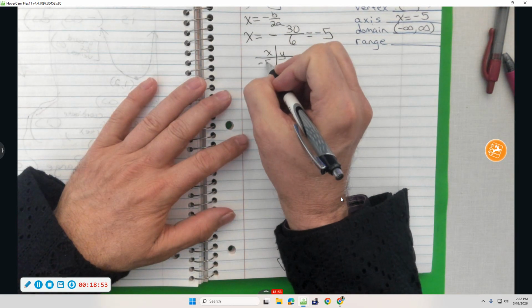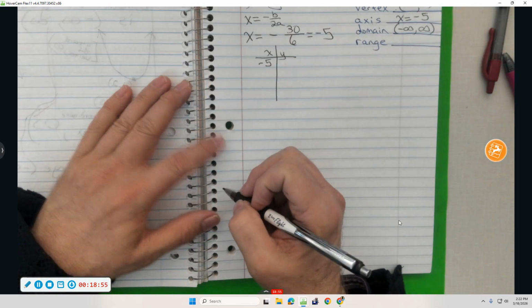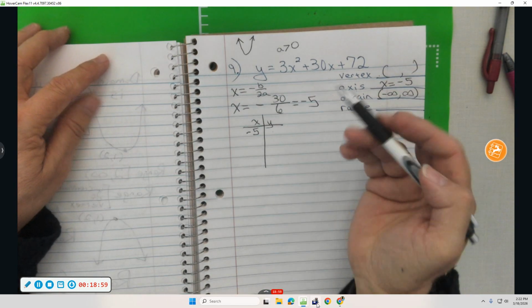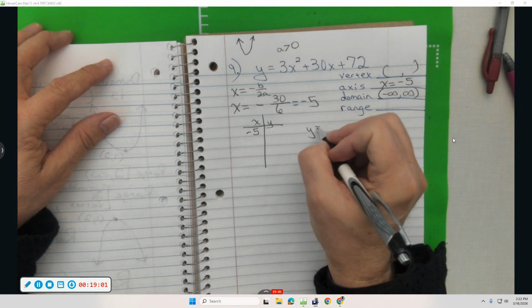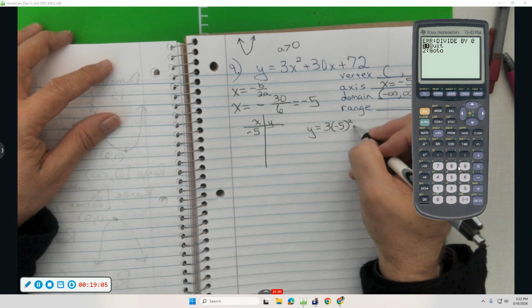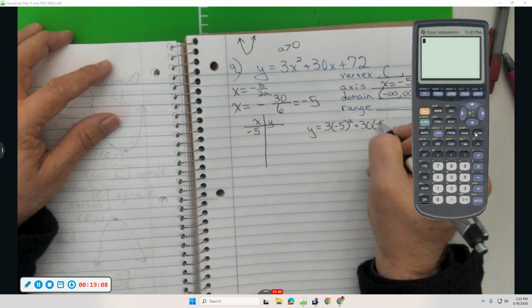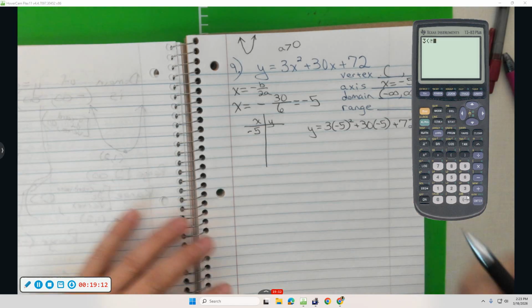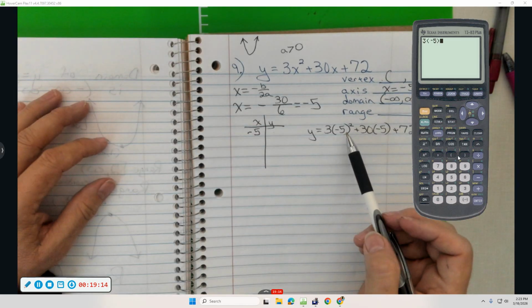When x is negative 5, what will y be? We're going to have to plug in negative 5 there. We have y equals 3 times negative 5 squared plus 30 times negative 5 plus 72. I think this is one I can do pretty quickly, but you use your calculator and we'll see if we get the same thing, Tony.